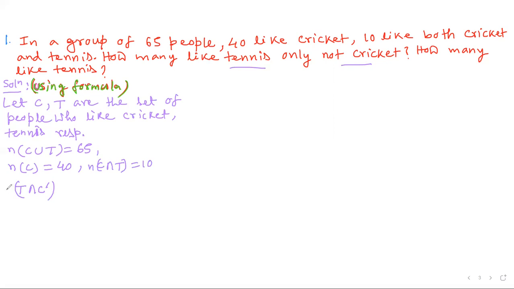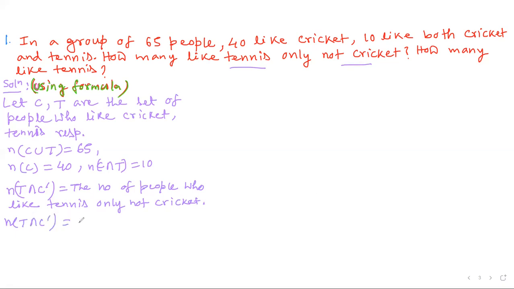So actually we have to calculate cardinal number of T intersection C complement. Cardinal number of T intersection C dash will represent the number of people who like tennis only but not cricket. Cardinal number of T intersection C complement is equal to, there is a formula we have already learned. The formula is cardinal number of T minus cardinal number of T intersection C.